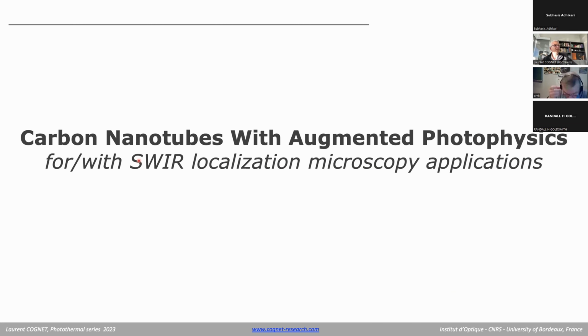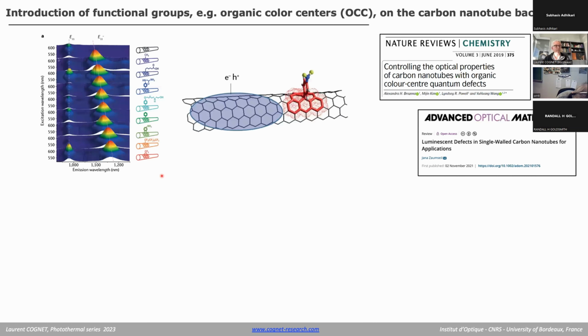So now, in the time remaining, I would like to discuss how we can augment the photophysics of these carbon nanotubes for localization microscopy in the near infrared. All of that comes from a new effort that has been performed in the community, which is the possibility to add some chemical function onto the nanotubes.